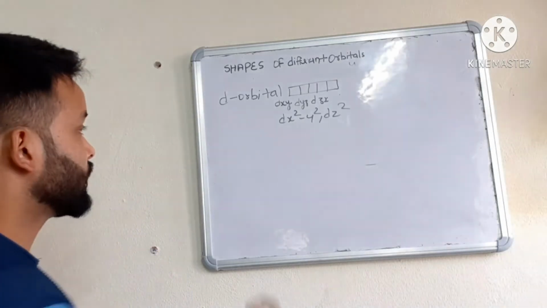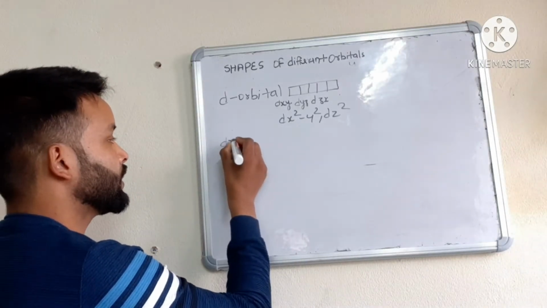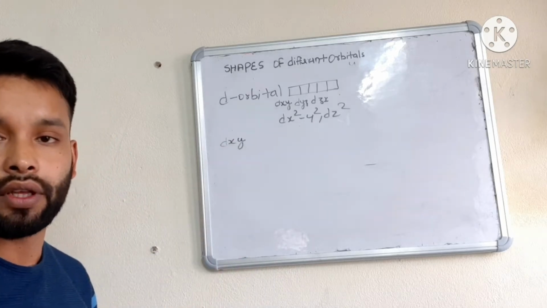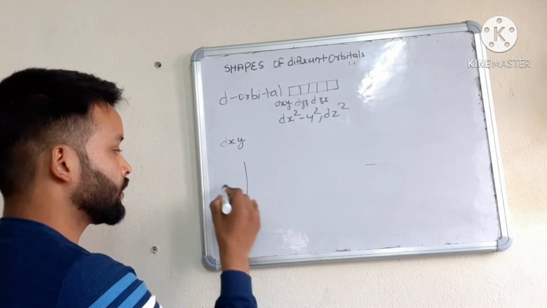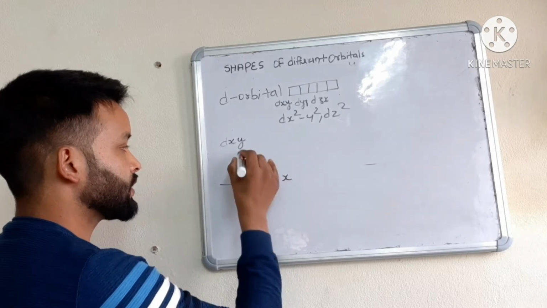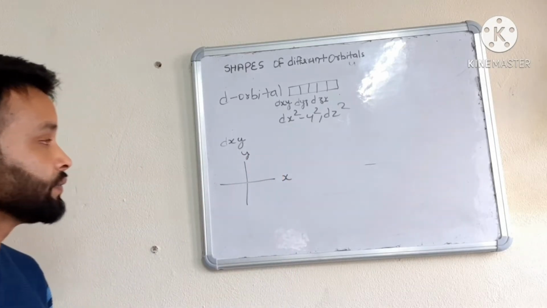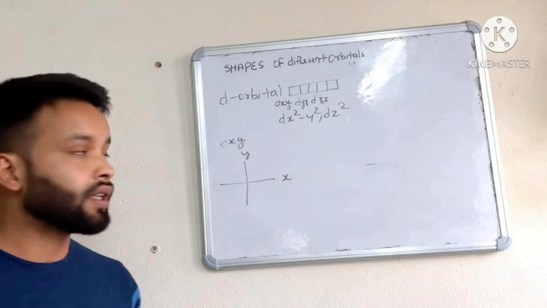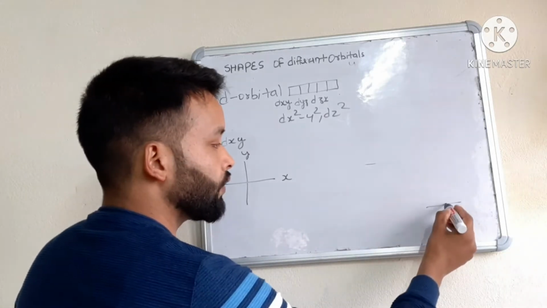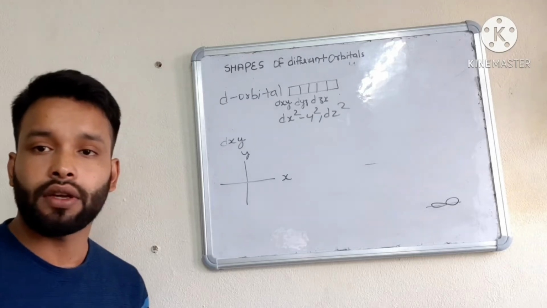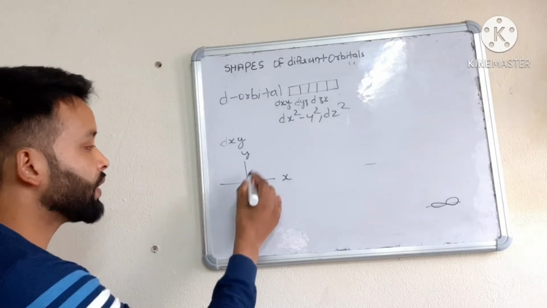So first I'm drawing dxy. This is my x-axis, this is my y-axis. And one thing is very important for d orbitals. As I told you, for p orbitals, you draw the lobes in the axis. Here you will draw the lobes in between the axes.